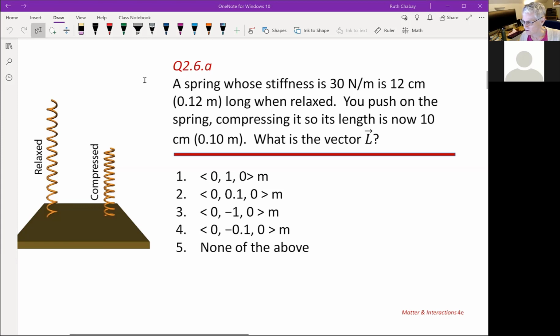Okay, so what this looks like is confusion. So what did we say about the vector L? Where does it start and where does it end? Yep, that's right, exactly, Julian. Fixed end to moving end.